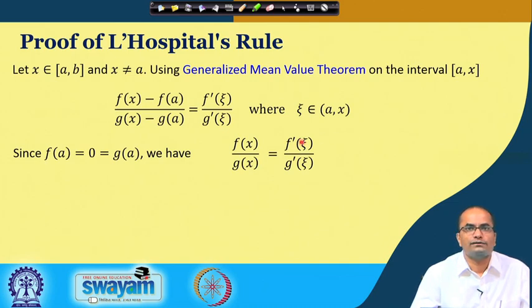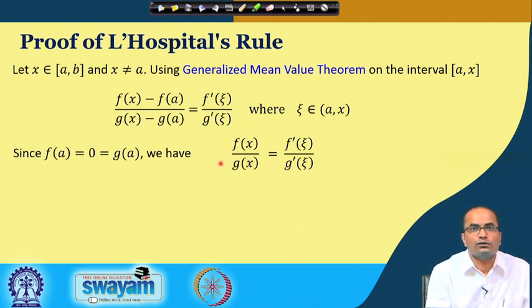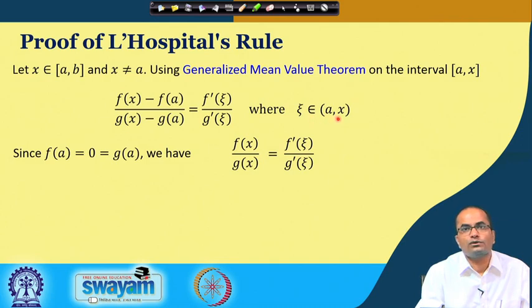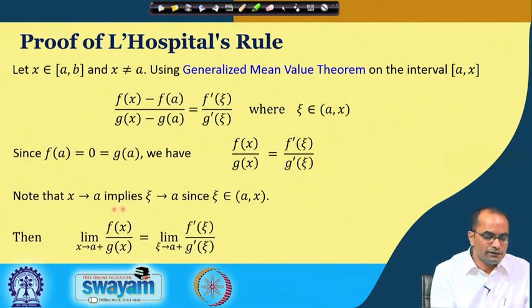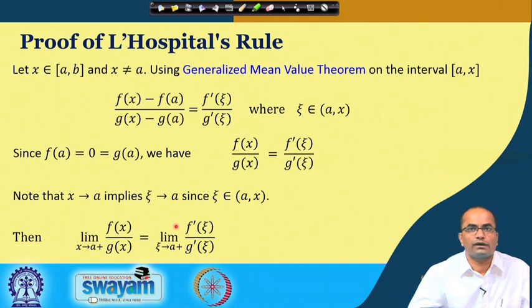Now note that if we take the limit as x goes to a, since xi belongs to the open interval a to x, if x goes to a, naturally xi will also go to a. So, the limit as x goes to a of f x over g x will be equal to the limit as xi goes to a plus, because xi belongs to the interval a to x, so xi goes to a from the right side, of f prime over g prime.